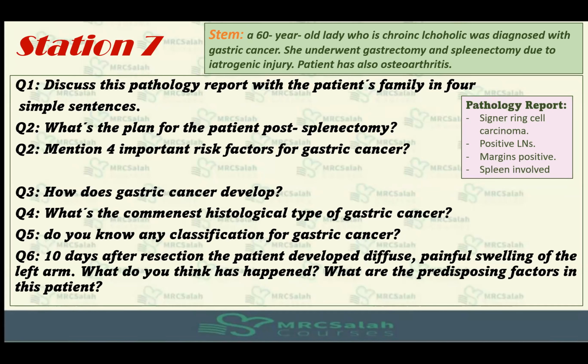You mean thrombosis of the axillary vein, not embolism. Yes. So, what are the predisposing factors in this patient for this condition? The patient is malignant, so a hypercoagulable state, and there can be venous stasis due to lymph node enlargement. Yes, great.